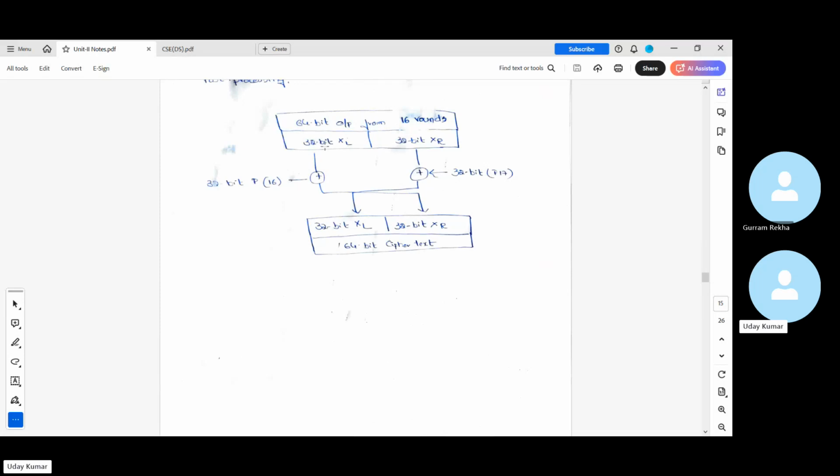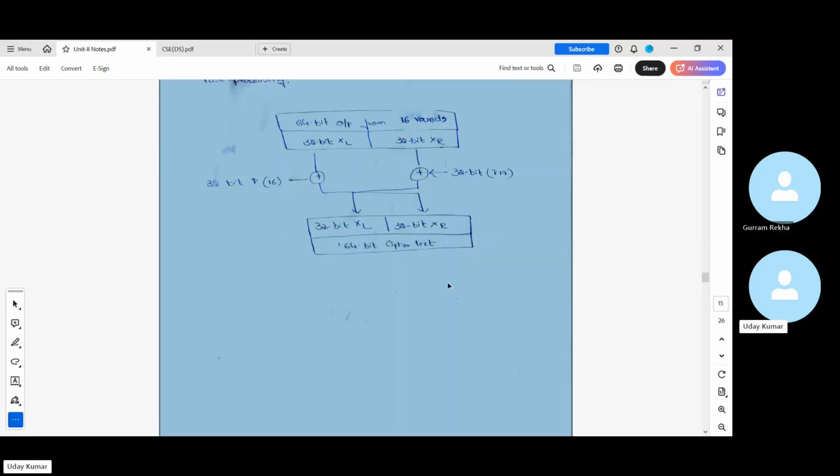The 32-bit XL, the left half, is again added with 32-bit key P16, and the 32-bit XR, the right half, is again added with P17, and once you get it, you just exchange these two. XR will become XL, XL will become XR. So whatever text you get, that is considered as the ciphertext. So this is Blowfish.